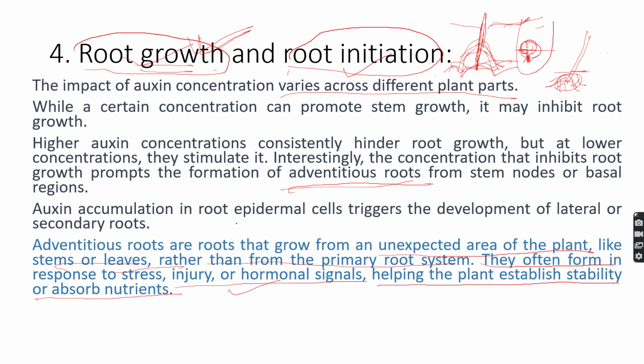So this point is coming in stem cuttings. We used to use cuttings in flowers and fruits in horticultural crops. So here adventitious roots are coming because of auxin, which is helping the cutting to establish.